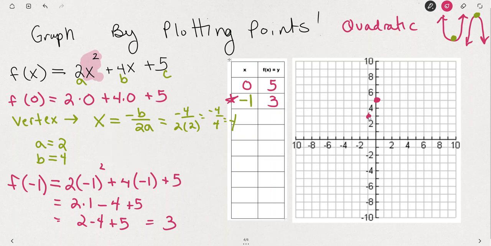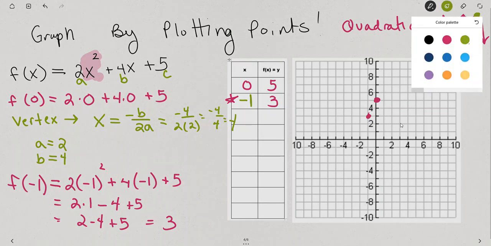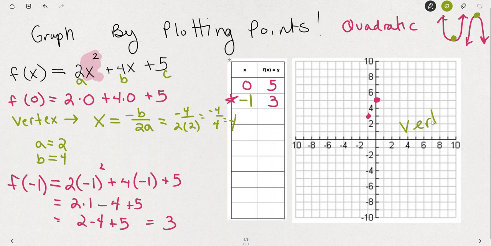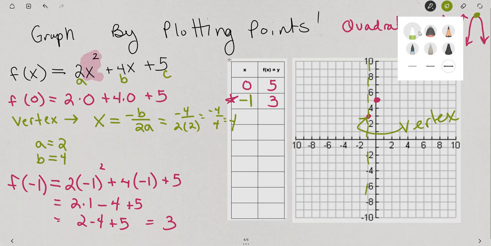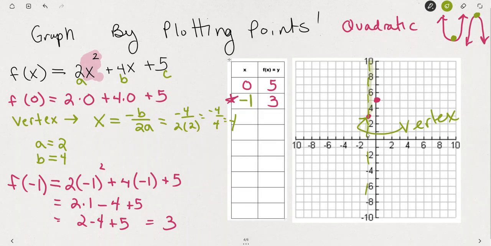Now here's the catch with this. If I know that this is my vertex, then what I know is that we're symmetric on both sides of the vertex. You could think of this green line, which isn't actually part of the graph of the function, but you can picture this green line as an axis, as a symmetry line.